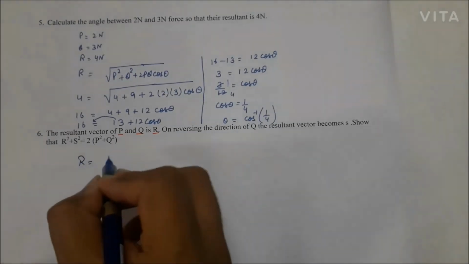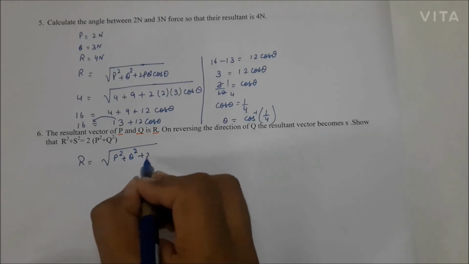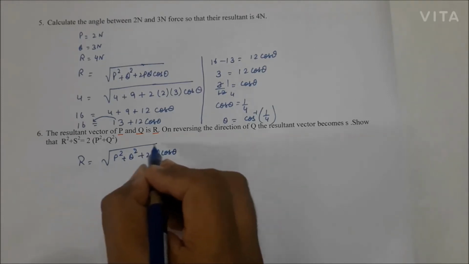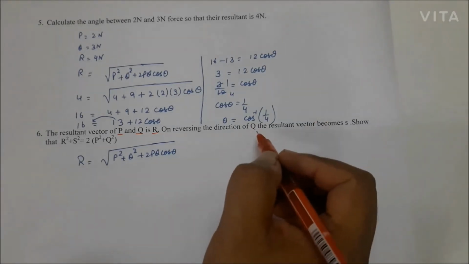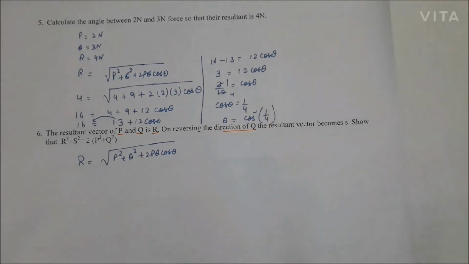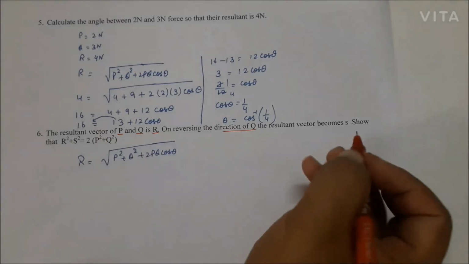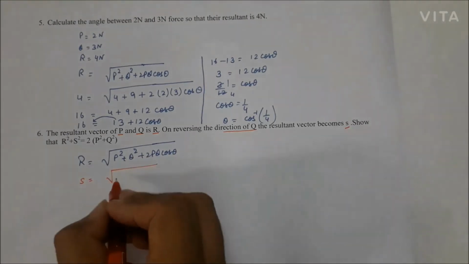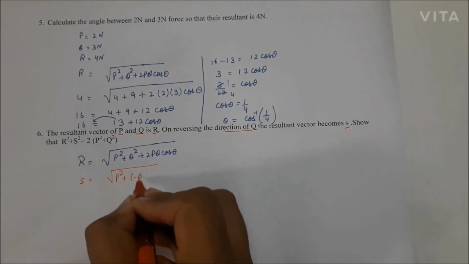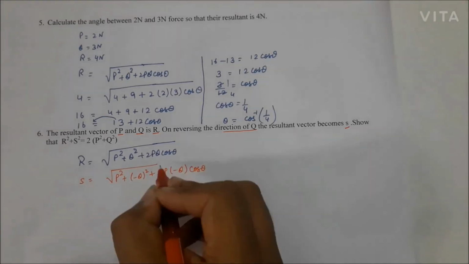R is root of P square plus Q square plus 2PQ cos theta, where theta is the angle between P and Q. In the next part, the statement says on reversing the direction of Q, meaning if P and Q are vectors, reversing the direction means we are negating the vector, and the resultant becomes S. So S comes out to be root of P square plus Q square plus 2P into minus Q cos theta.